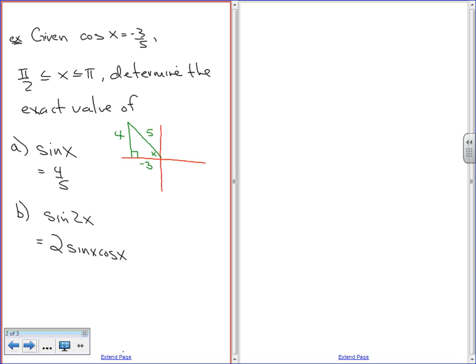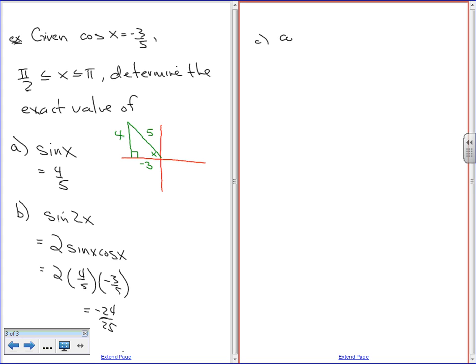And because I know the sine of x and the cosine of x, I can substitute that in. And that allows me to figure out the exact value of the sine of 2 times the angle, even though I don't know what the angle is. Make sense? Okay.